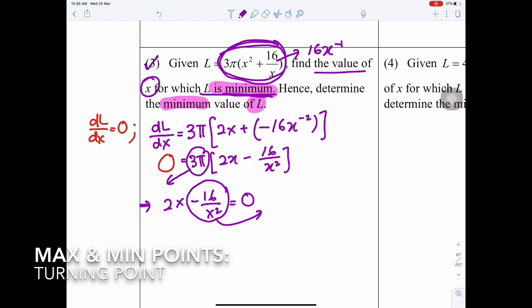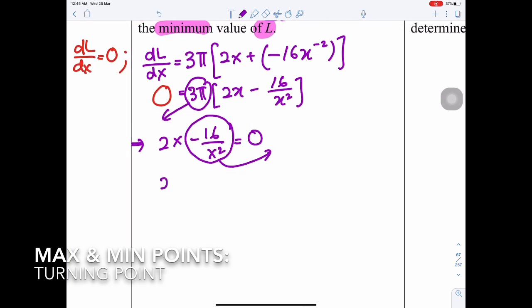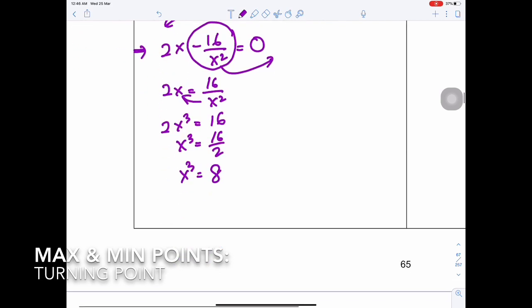Bring to the right, so 2x equals 16 over x squared. Then we get 2x to the power of 3 equals 16, x cubed equals 16 divided by 2, so x cubed equals 8. Therefore x equals 2, which is the minimum.